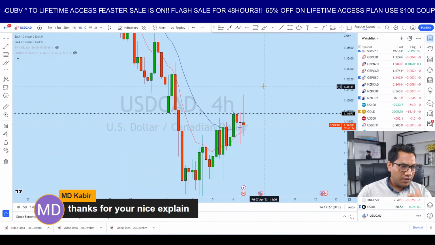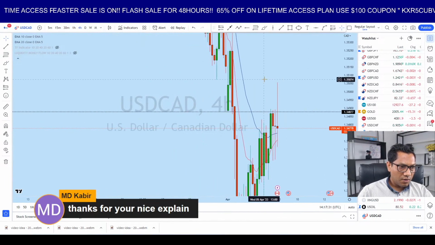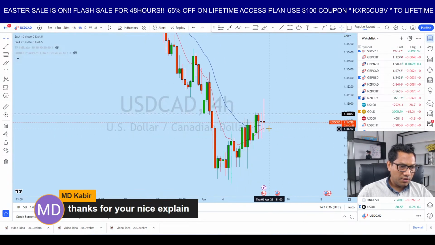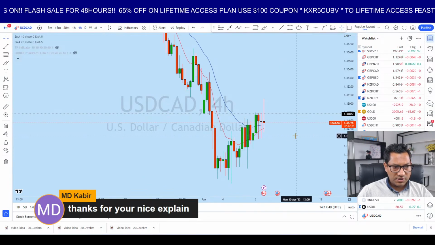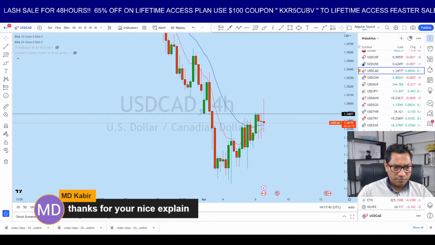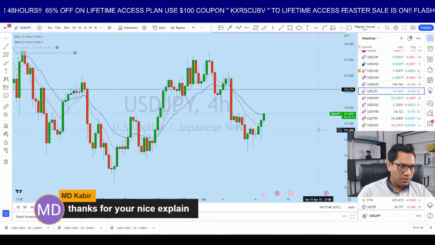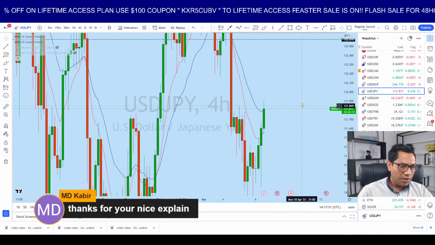From the lower time frame, you can see on the 4-hour dollar CAD, after breaking this high again, has come to the support zone. Dollar CAD, I was waiting for a selling opportunity. Dollar yen has gone well above, a big move to the upside.